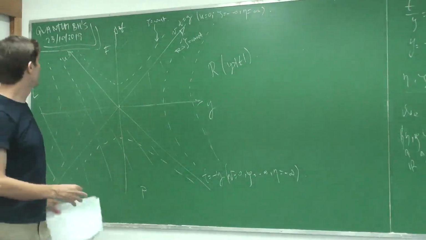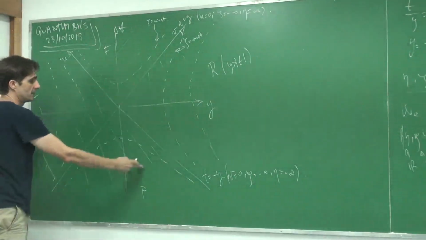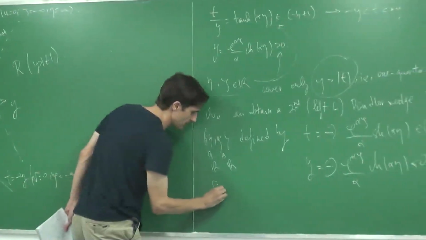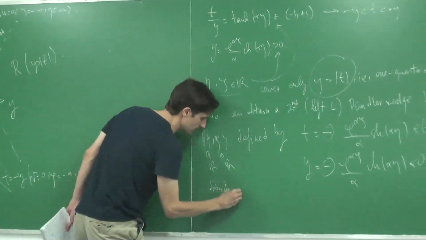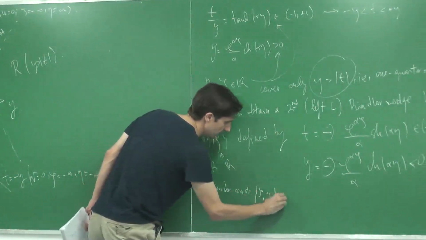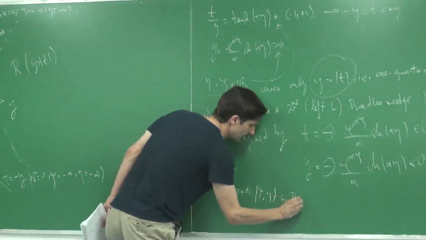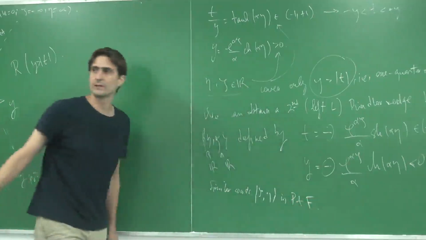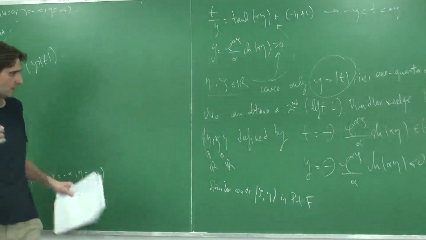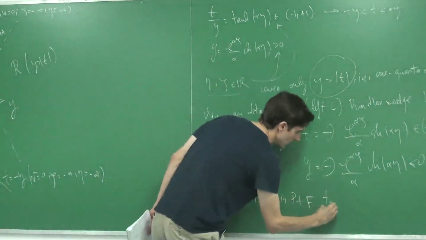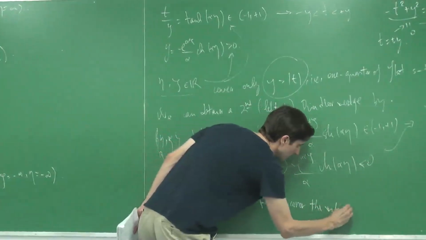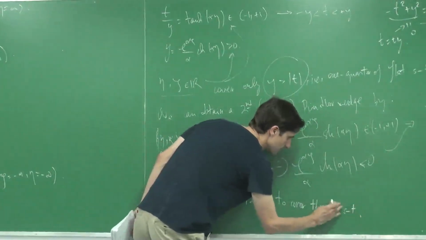Or you can do, well, I didn't say what zeta is here, but you can do similar coordinates, zeta and eta in P and F in the future and the past to cover the whole space-time.